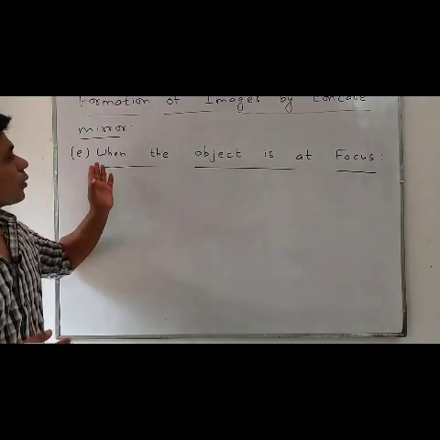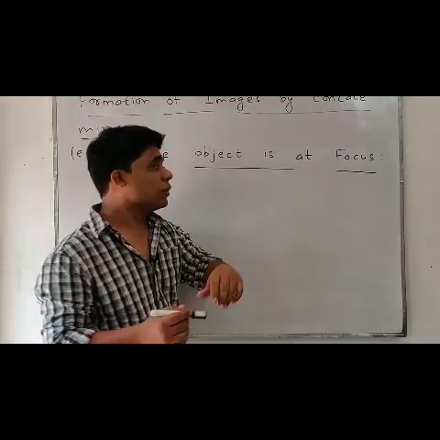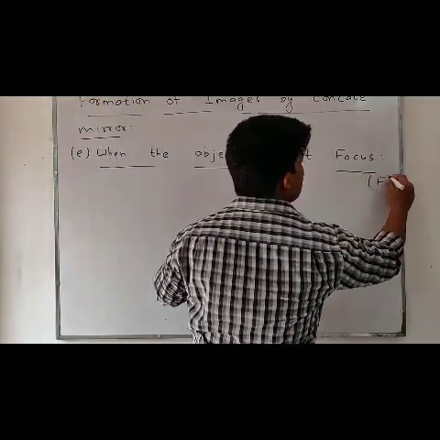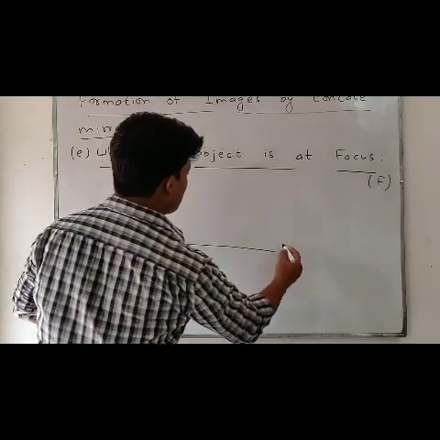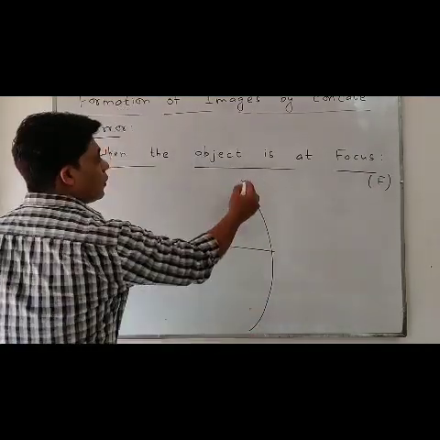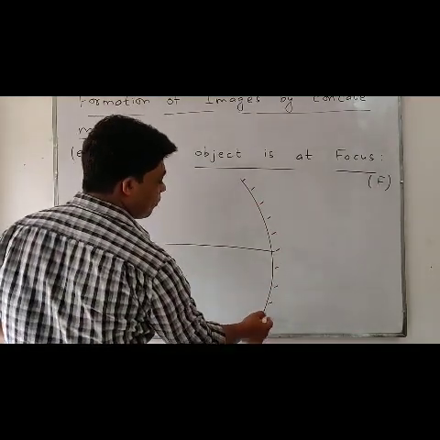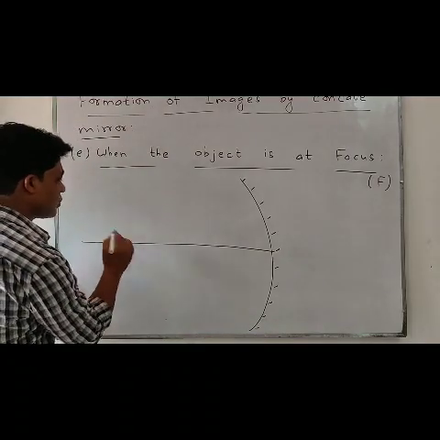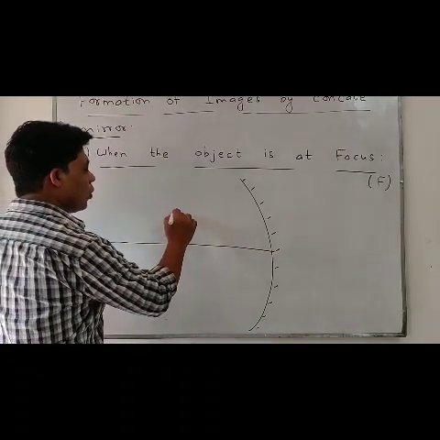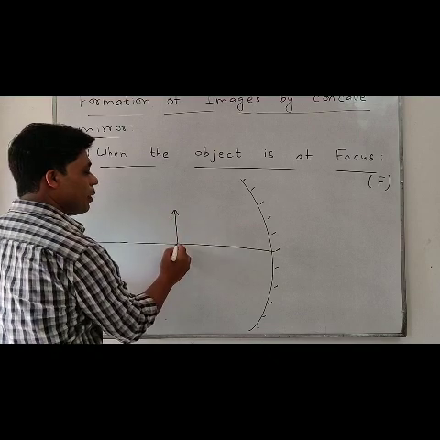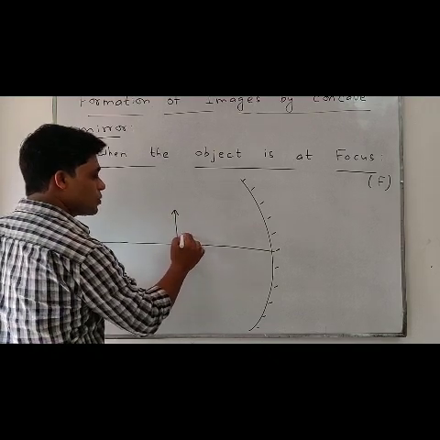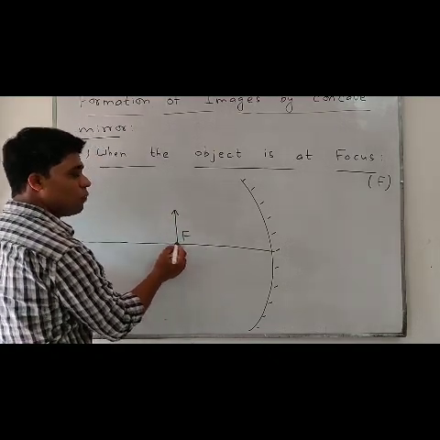Case of concave mirror, when the object is at focus, when the object is placed at the principal focus F. Look students, that is the concave mirror, and this time this is the object placed at the principal focus. This is the principal focus.